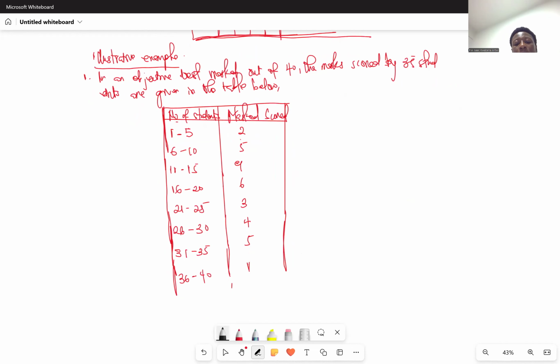Okay, at this section, I would like you to pause and then finish writing. When you are done, then you continue the lesson. So you just pause, finish writing, think about the question, then you can now proceed.